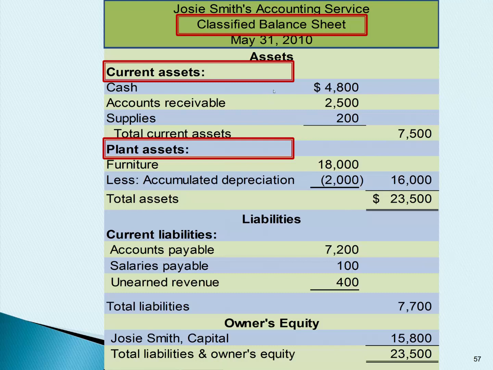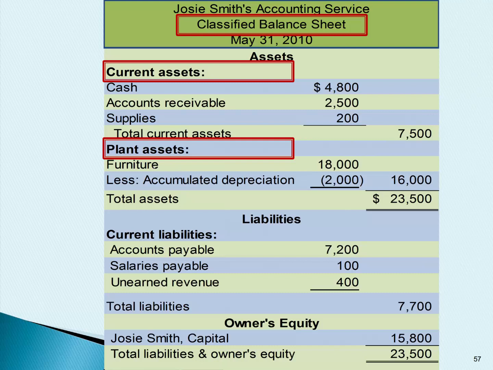So notice under current assets, we've got all our assets that we expect to be converted into cash within the next 12 months, or in the case of supplies, to be used up within the next 12 months. AR, we expect to receive from our customers within the next 30 days, so that's obviously a current asset. And then the plant assets are our assets that we don't plan to convert to cash or use up within the next 12 months, such as our furniture.